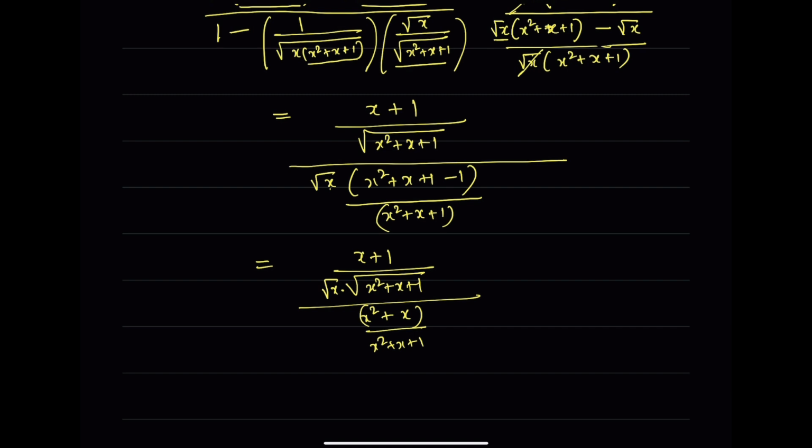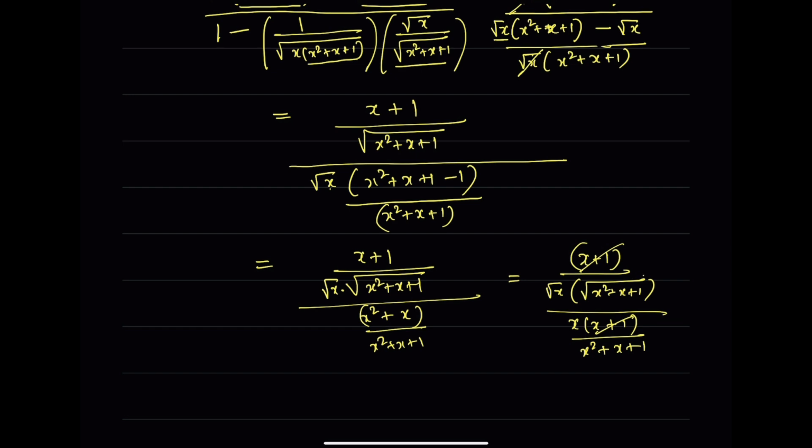Okay, now we would have x plus 1 divided by square root of x times square root of x squared plus x plus 1, divided by x times x plus 1 divided by x squared plus x plus 1. Correct? So we can cancel this out.